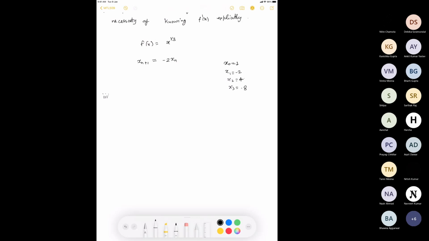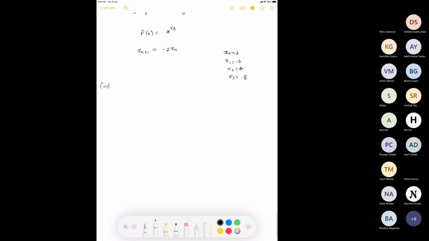And the third drawback is again related to the choice of the initial guess. So I'll just explain it using a graph.